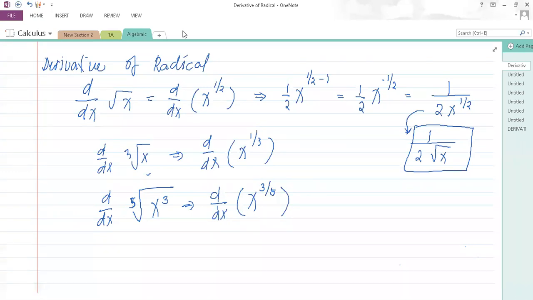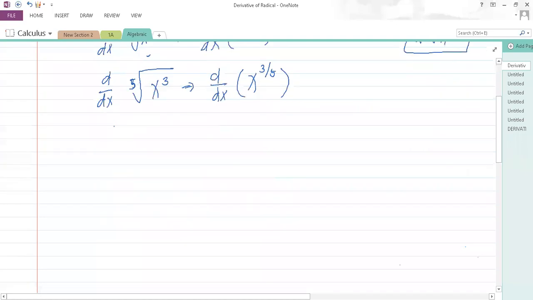Next, we will go to the derivative of a sum. What would be the derivative of a sum?